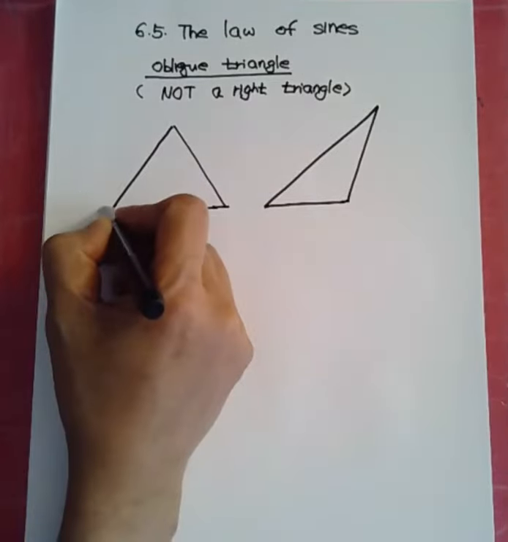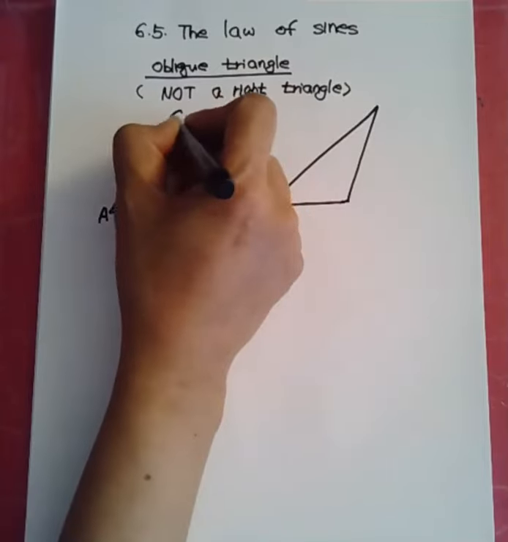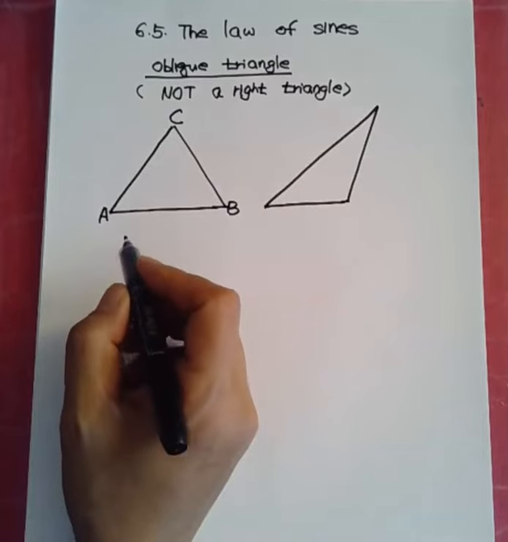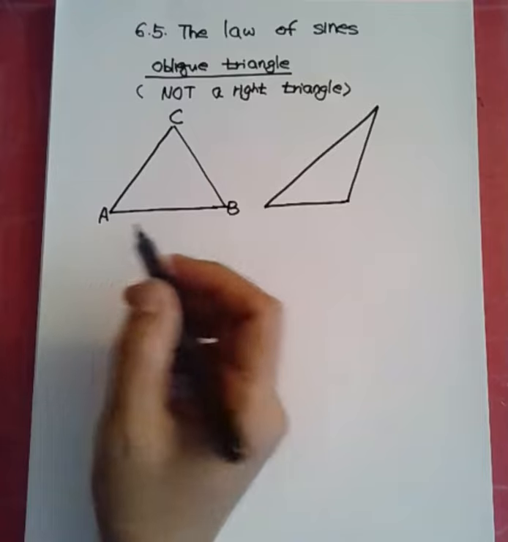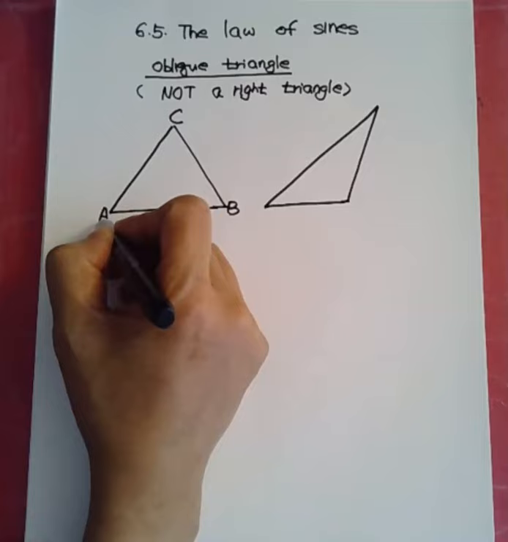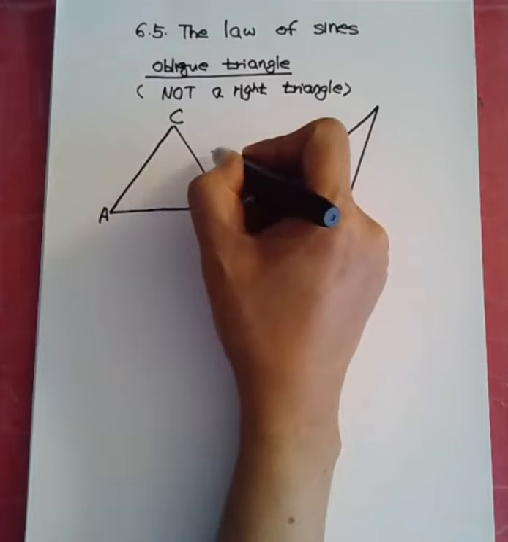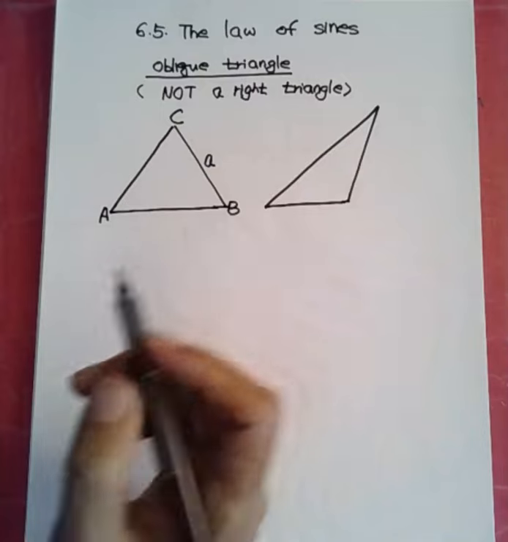Let's say this angle is A, this angle is B, and this angle is C. Then when we discuss the law of sines, there is a way we label the side length. Here is angle A, which is denoted with a capital letter. Then opposite side length is denoted with small alphabetical character.